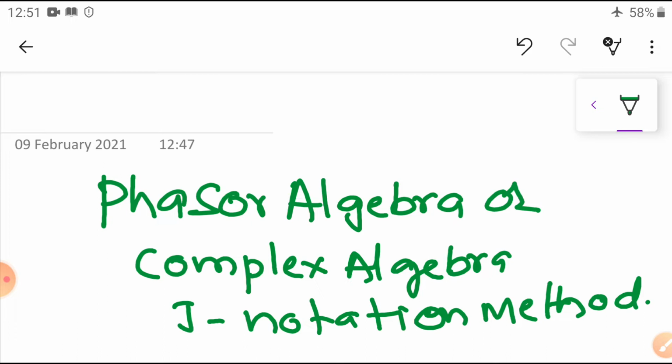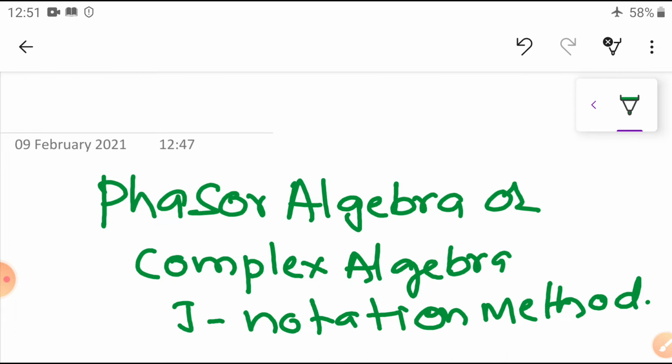So in this method the voltages, currents and impedances are expressed in complex form. You know the complex forms. What are the complex forms? One is the rectangular form, another is the polar form, because calculators have R to P and P to R conversion, making it easy to calculate the problems.